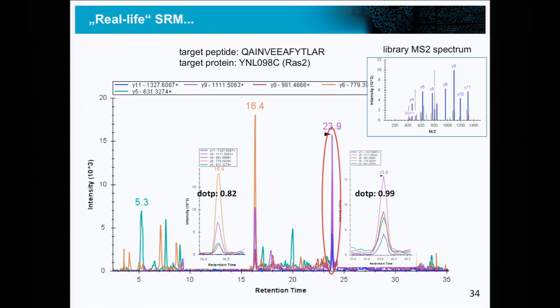The dot product can be between 0 and 1. 1 means perfect match, 0 means no match. And you can see that this dot product of 0.99 fits much better than the dot product here. And so now, by having this additional information of the MS2 spectrum, I'm very confident that I will use this peak for quantification, and this is my true peptide.